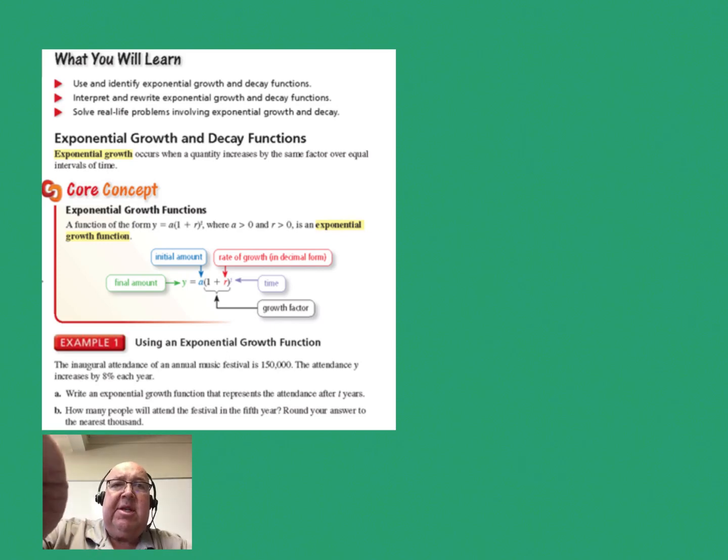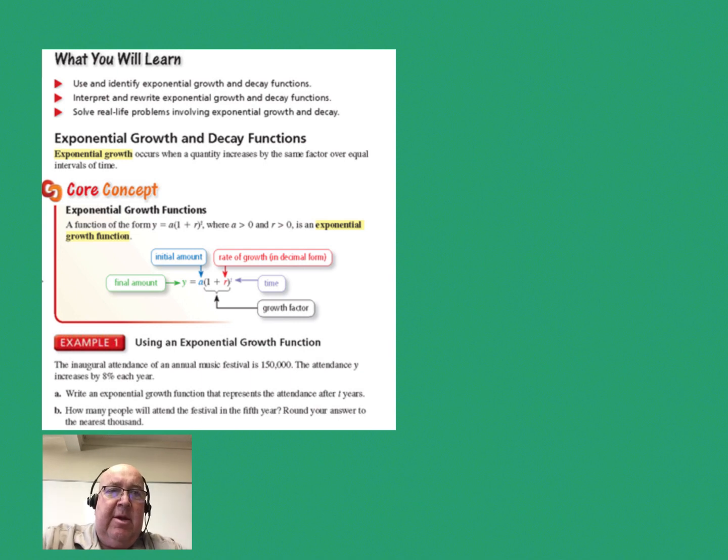Alright, today we're going to be looking at exponential growth and decay. This is something that gets to be really useful in talking about financial or money patterns, things like that. We're going to have a growth factor that's going to be some sort of a decimal.